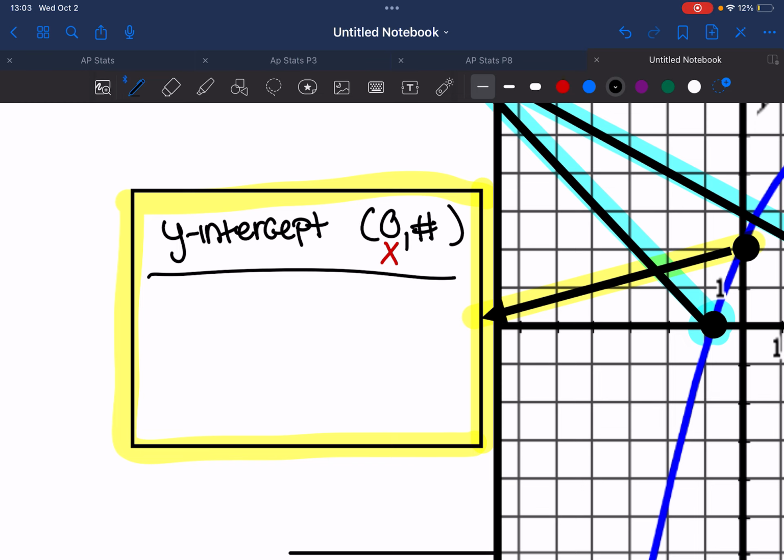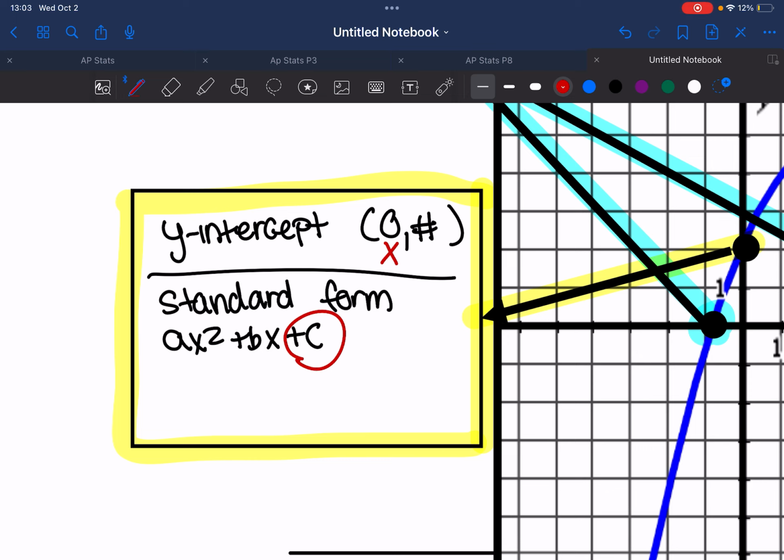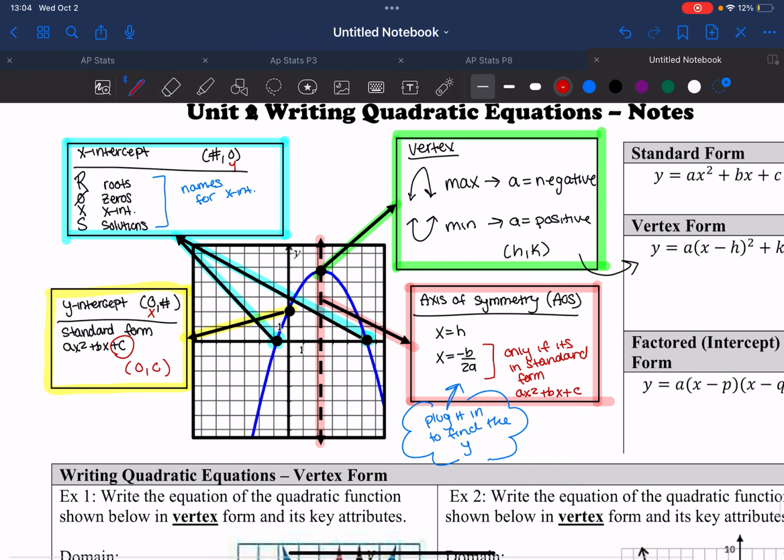We also know that it is the value of c in standard form. So in standard form, ax squared plus bx plus c, our y-intercept is (0, c), whether that is positive or negative. Okay, so those are our attributes.